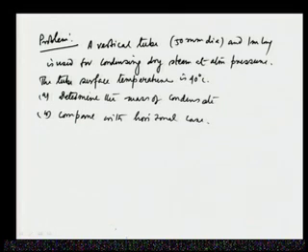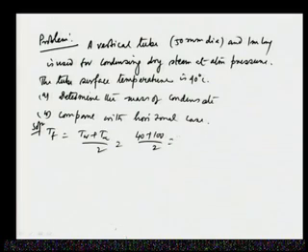So, now for this problem, first of all we have to find out the TF. TF is TW plus T infinity by 2, and T infinity is 100 degree centigrade. So, TW is 40 plus 100 by 2, and that is equal to 70 degree centigrade, and at 70 degree centigrade we have to find out the properties.